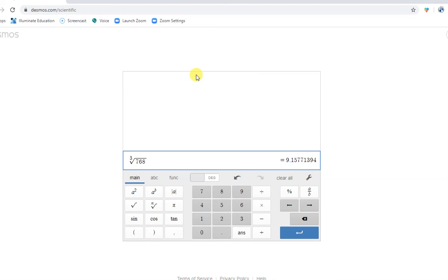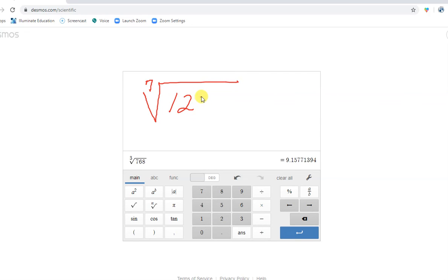How about the fifth root? Let's go with a seventh root. The seventh root of 1,223.